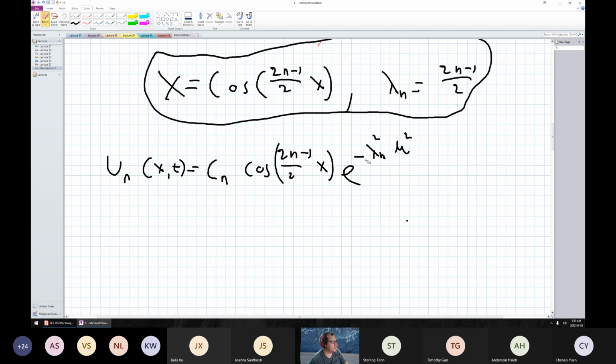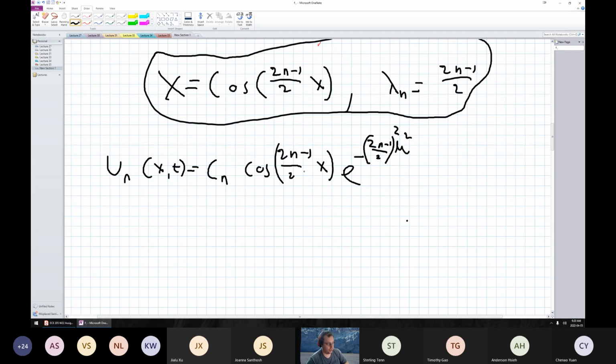Here I can clean this up a tad, which will make it a little bit uglier, but I'll write it in manually. That would just be (2n minus 1) over 2, quantity squared. That's just plugging in my lambda sub n. So this is a single solution.